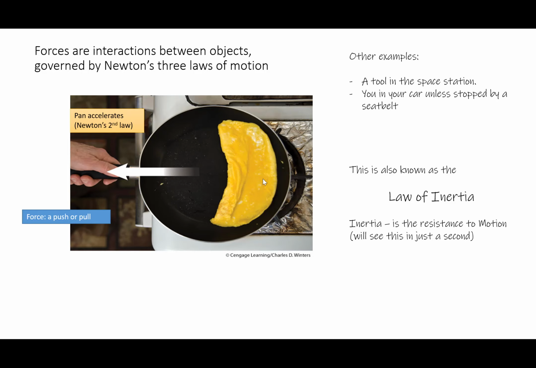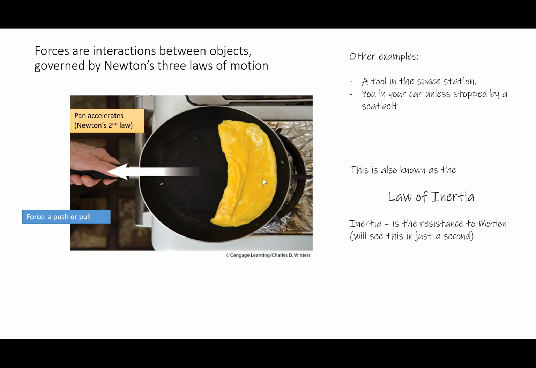So we've seen the example of a tool in the space station, and we've used that example of the car. But going back to that change in mass: the bigger the mass, the more inertia the object's going to have. We're going to see that when we look at Newton's second postulate, where that mass comes from.